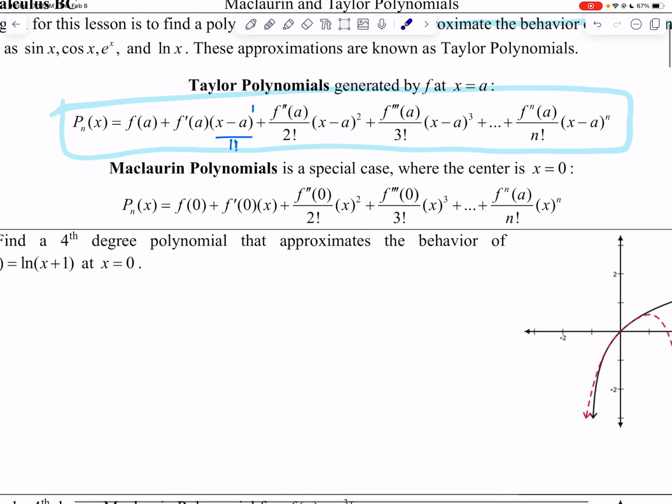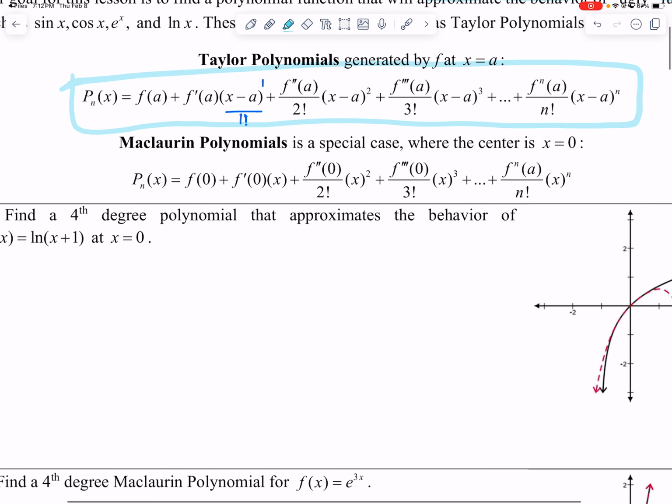All right. You'll notice that these right here are going to be your coefficients, which is going to be very important whenever we work on, let's say, problems 4 and 5, whenever we want to find the value of something. But we'll talk about that whenever we get to 4 and 5.